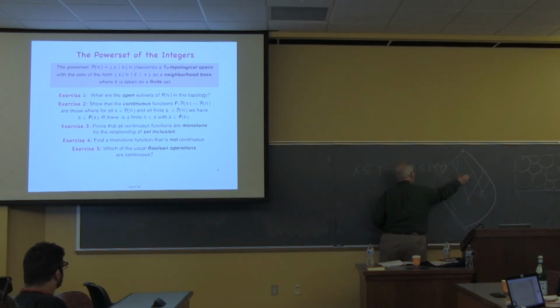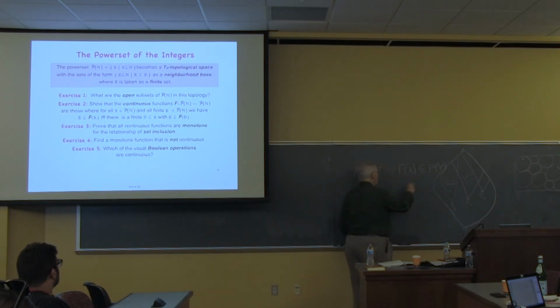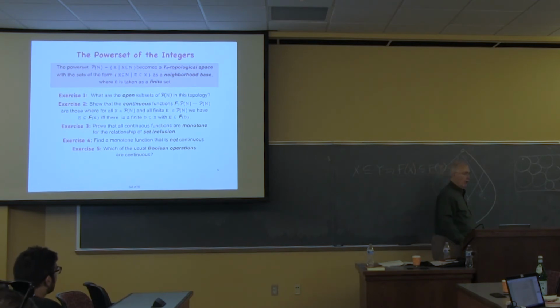Continuous functions on the power set with this neighborhood, because we're looking in terms of approximations about what is in, not approximations that are not in. It uses only positive information about the points. You could think of positive and negative information, but that's a different topological space. I'm only using positive information about what's actually in those points there. So it'll turn out that continuous functions have to be monotone there.